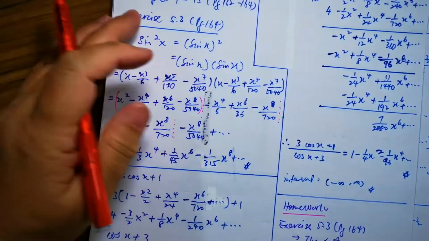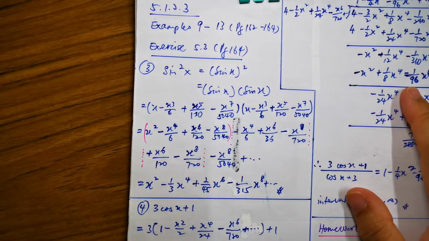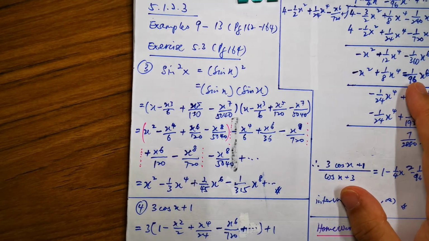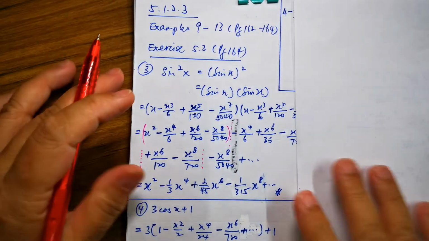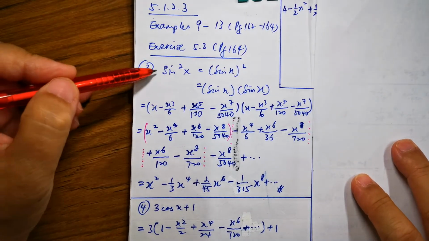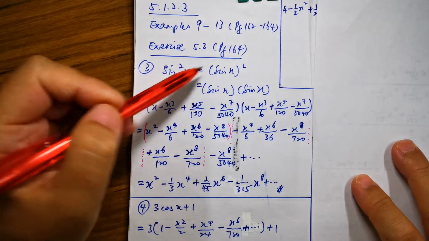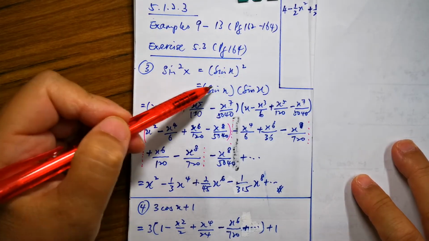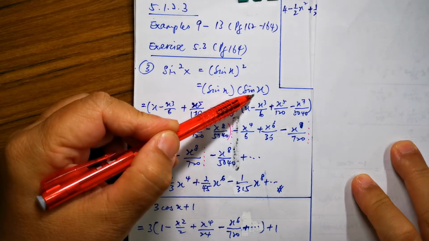What are we going to use? Of course, sine square means the square of sine x, which means sine x multiplied by sine x.